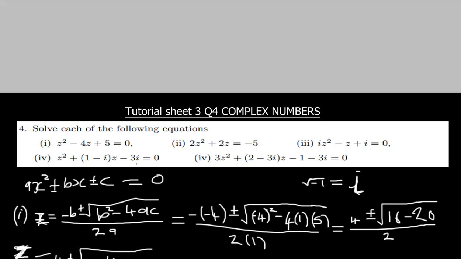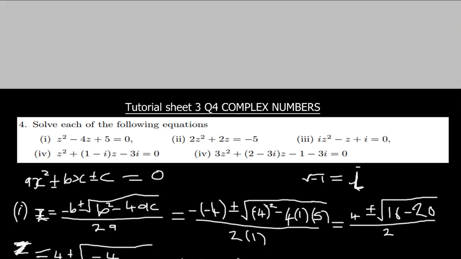So let me not solve question 4, but let me solve question 6, though it's supposed to be 5, but they made a mistake, they wrote 6. Once you know how to solve the last one, you can't fail to solve question 4.